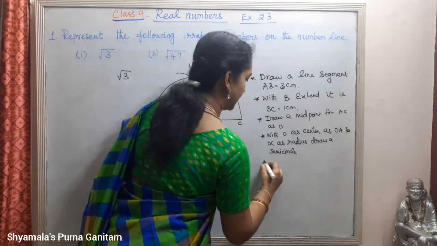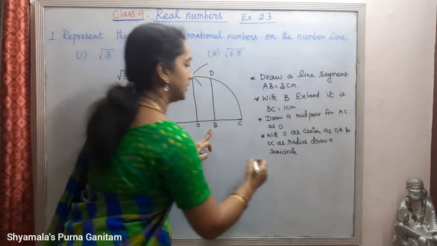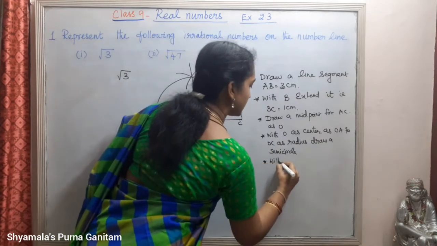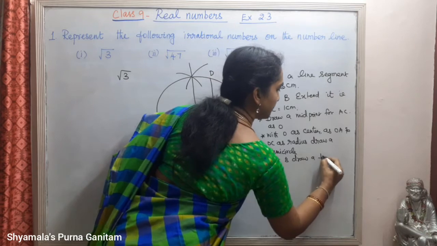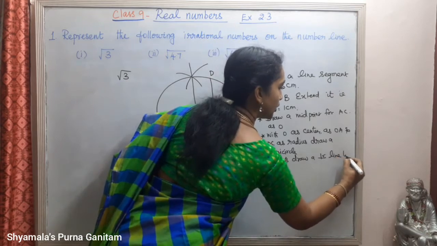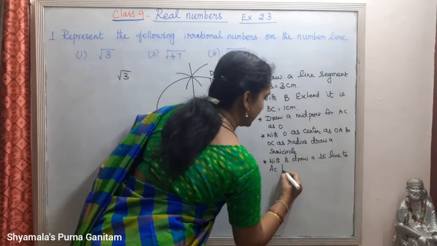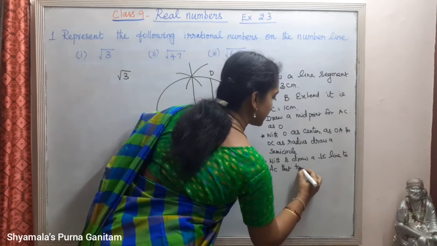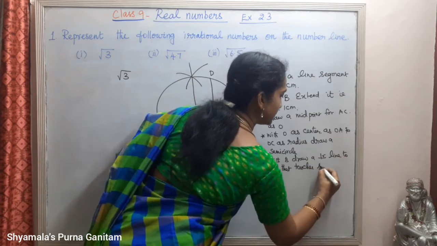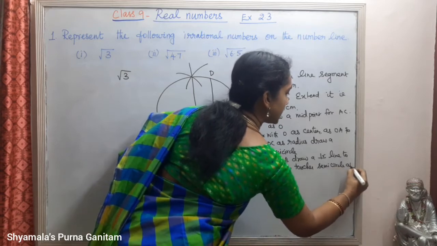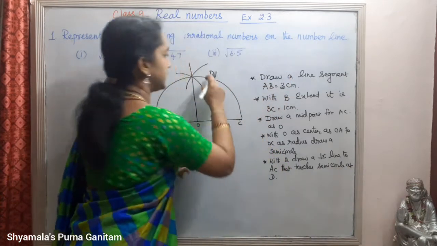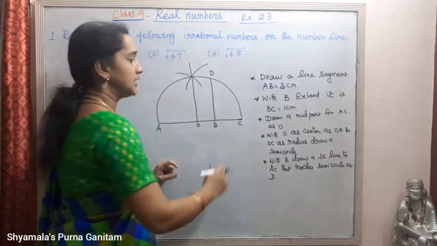These are the things we did. Then from B, draw a perpendicular line to AC that touches the semicircle at D.